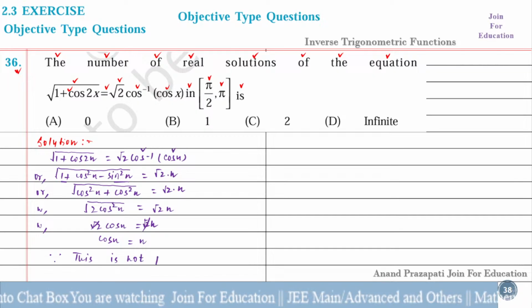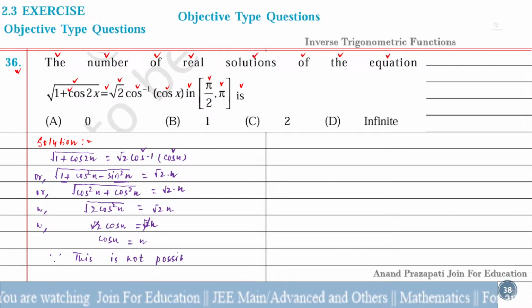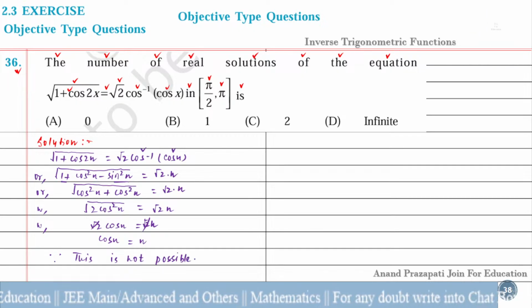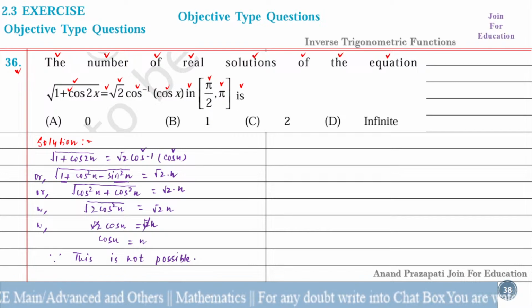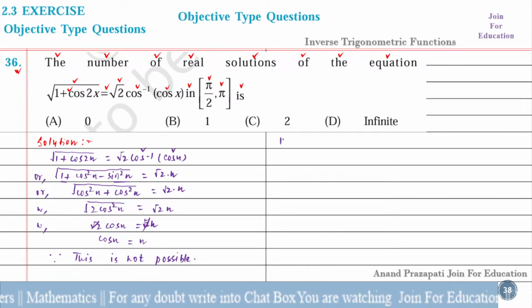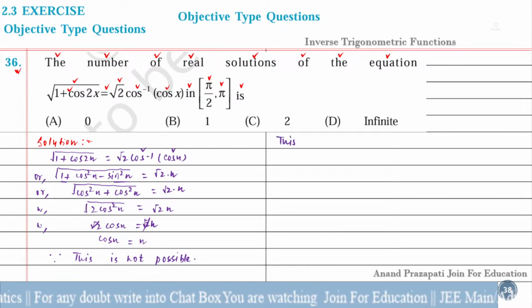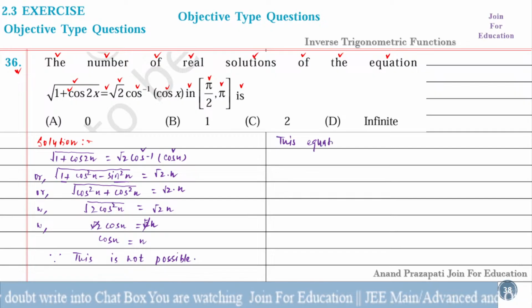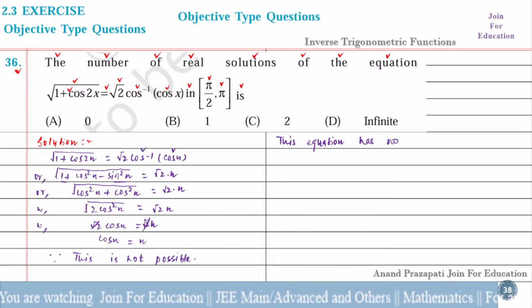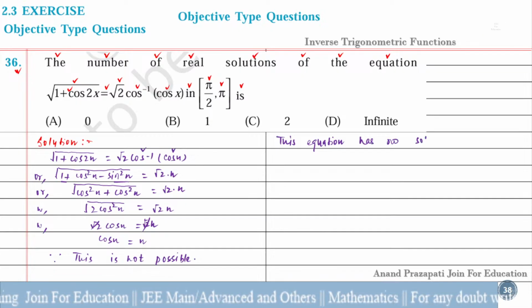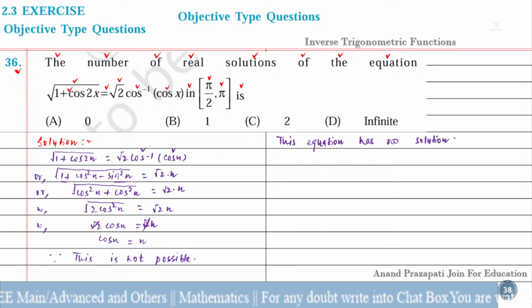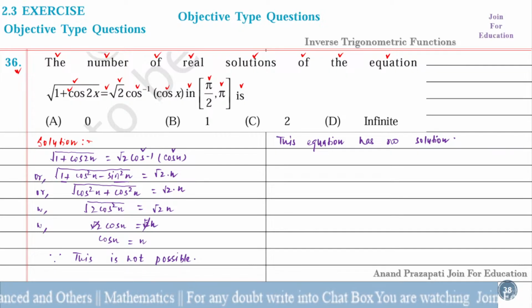In that case, this equation has no solution. Therefore, the number of solutions here will be 0.